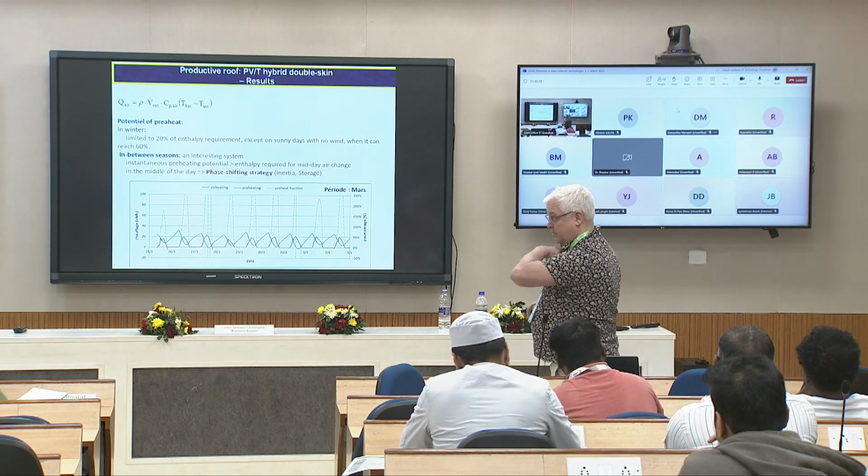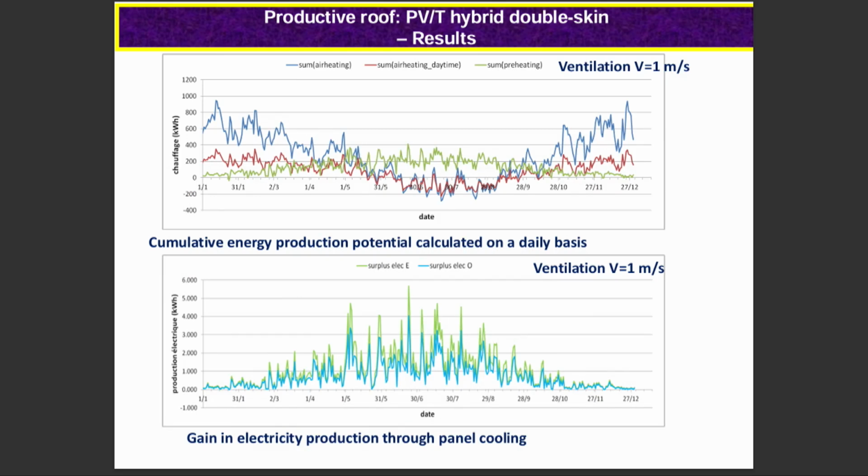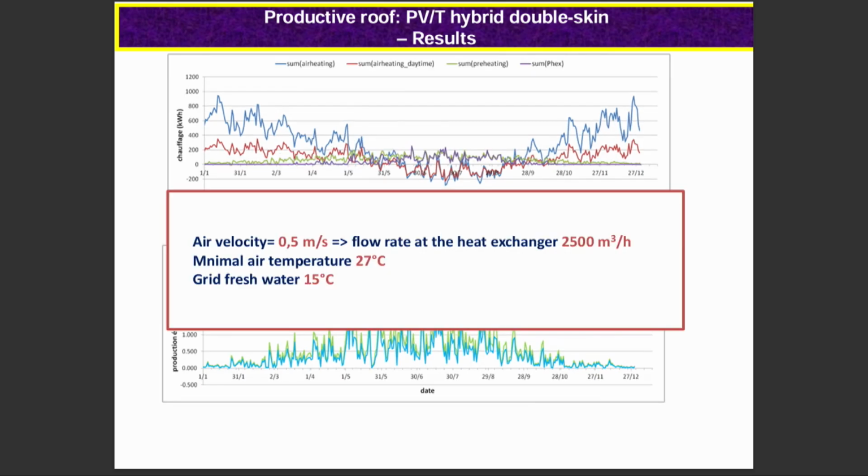And you see, it's very, very windy. It's along the Rhone River, so the roof was fully ventilated, of course, because it's at the top of the building. So the impact was important.